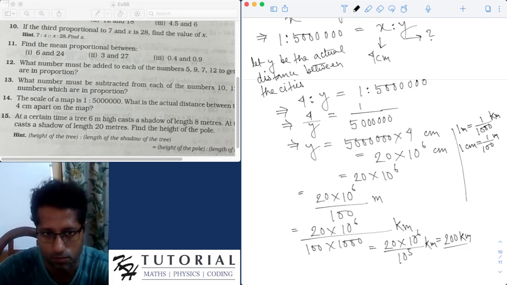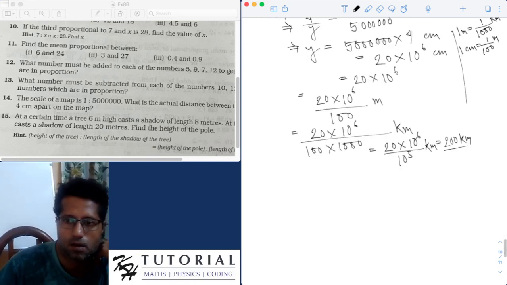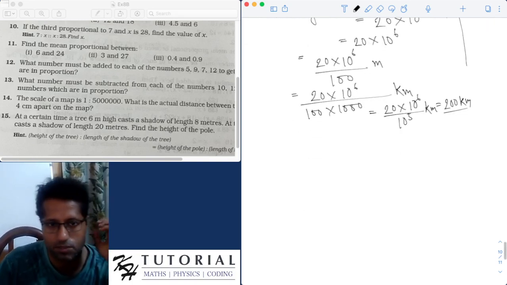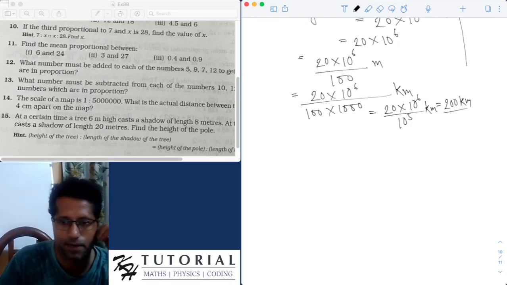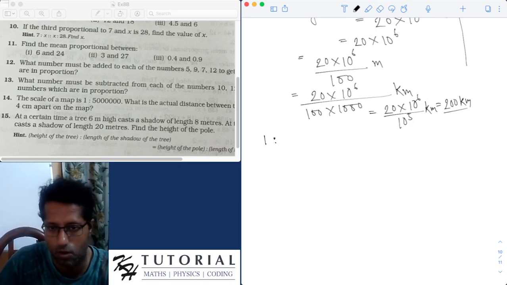So the ratio has to be the same, because this is where the concept of proportion needs to be applied. If in the map it is given as 1:10, let's take a very small example with small numbers.